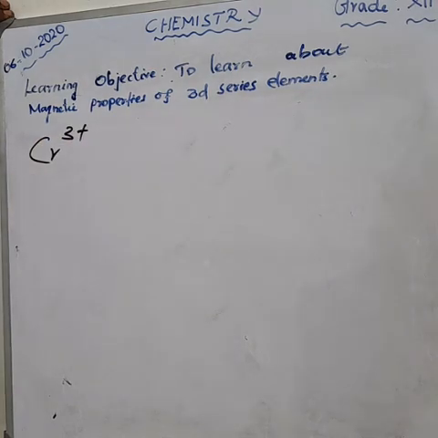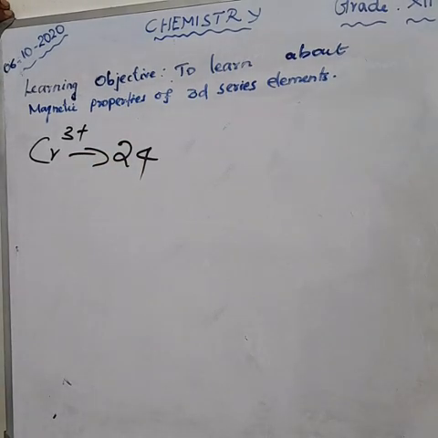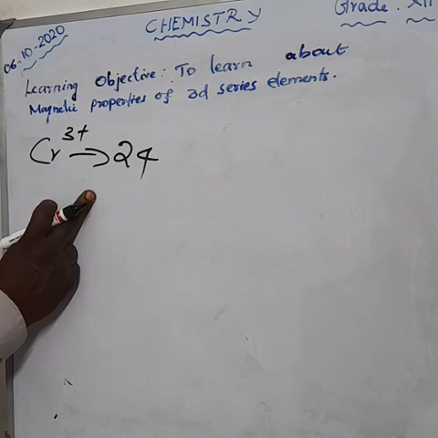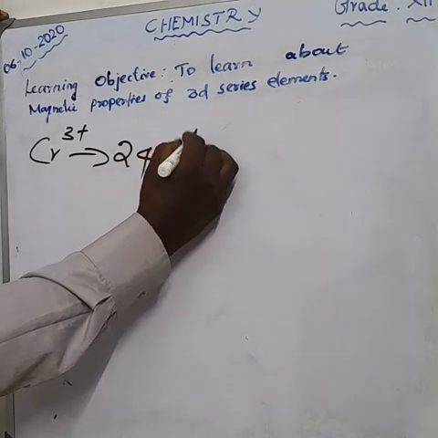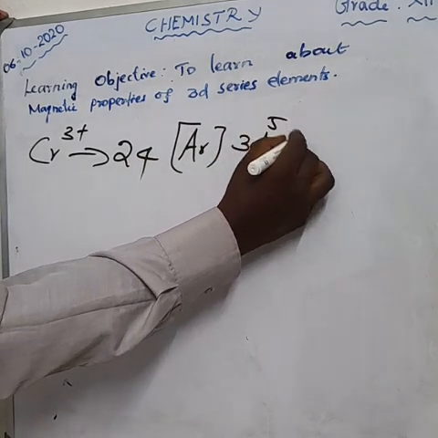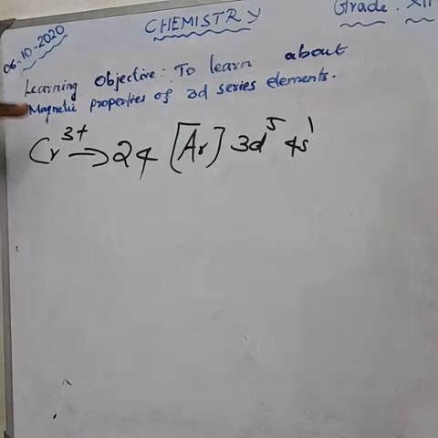Can you say what is the atomic number of chromium? Atomic number of chromium is 24. What's the electronic configuration? Be careful about writing the electronic configuration. Argon 3d5 4s1. Okay, make sure you don't make a mistake here.